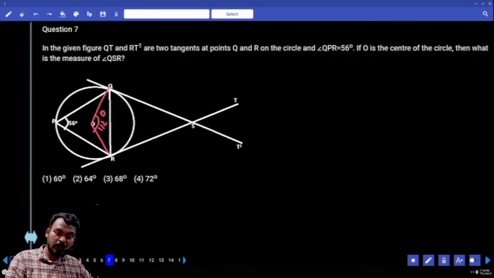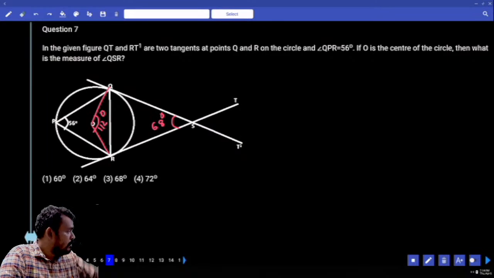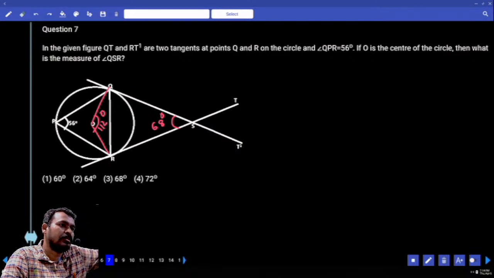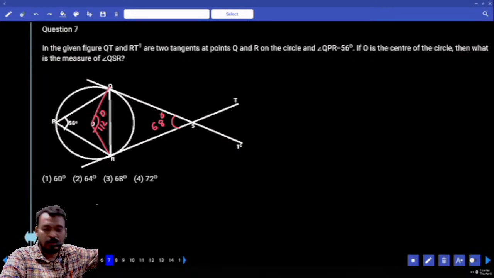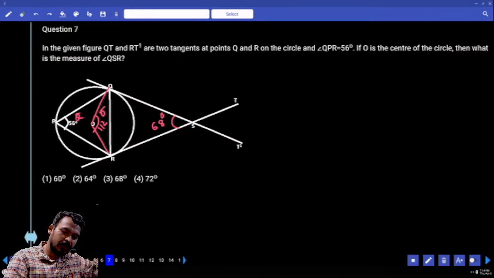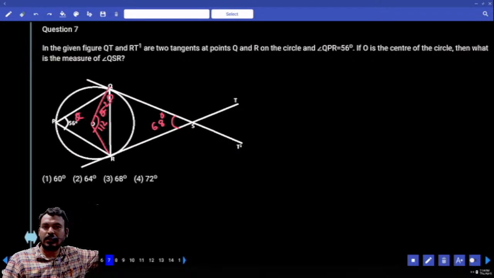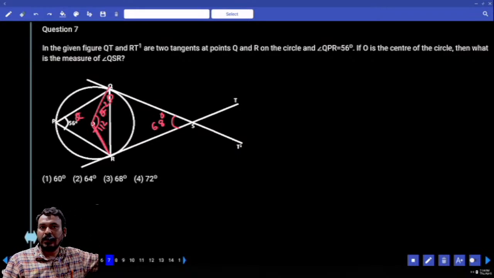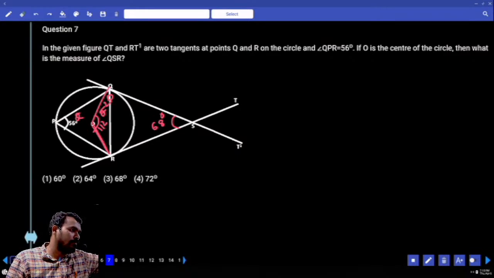If it is 112, the opposite value is 68, or not? What is the angle here? 56. If it is 56, that will be double or triple? Double. If it is theta, this one we write as 2 theta. What is the 2 theta value? 112. If it is 112, what is the opposite angle sum? 180, or not? Out of that 180, already 112, so what is the remaining? 68.